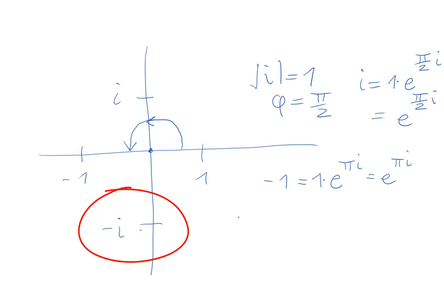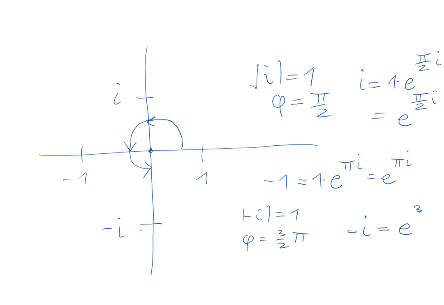So the length of minus i is 1 again, and the angle is 270 degrees, which is 3/2 of pi. So minus i can be written as 1 times e to the power of 3/2 pi i.